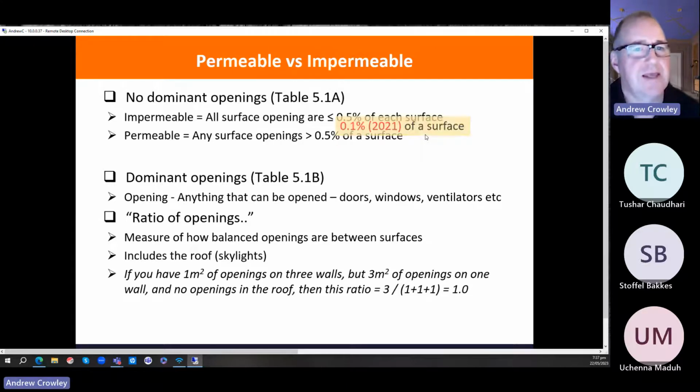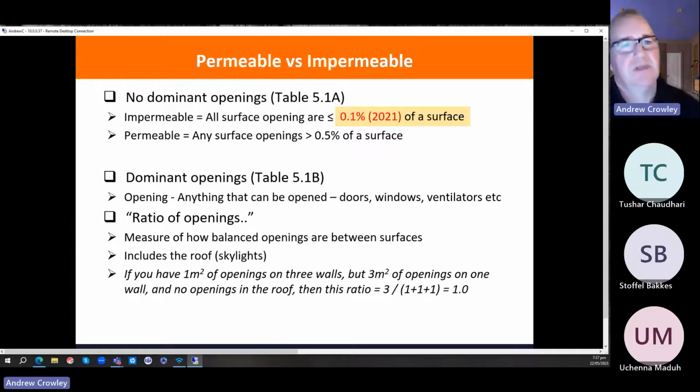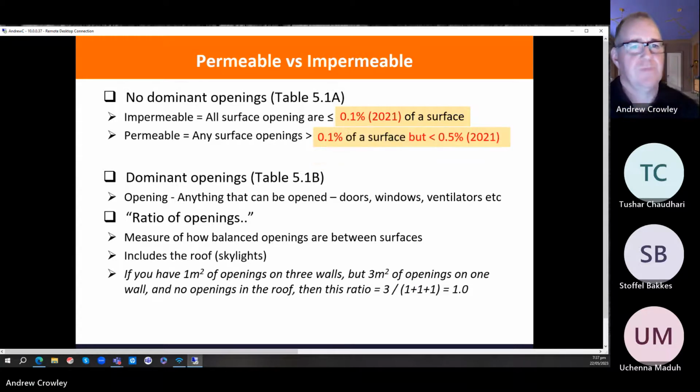However, that has changed. It's now going to be less than 0.1% for the 2021 version. And for permeable, you've got to be greater than 0.1% and less than 0.5%. If you're above the 0.5%, you're probably looking at a dominant opening as well.